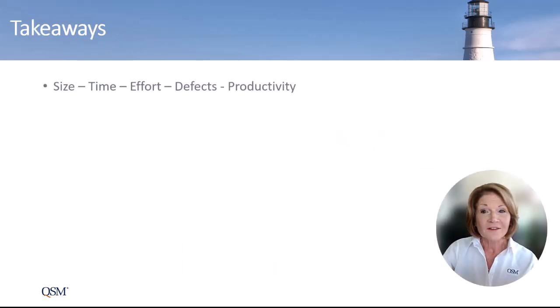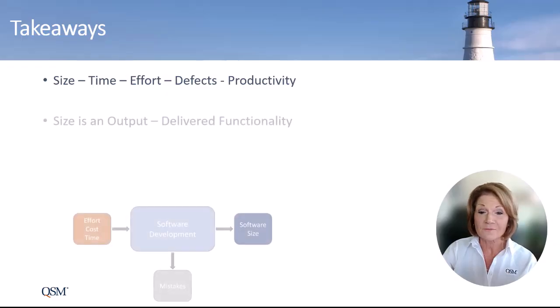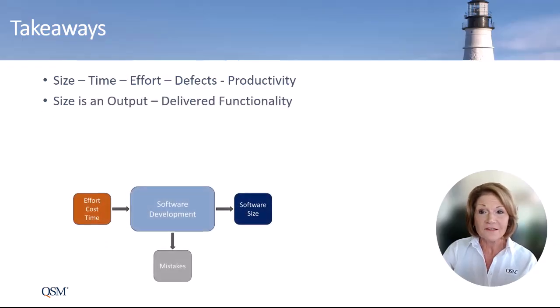To summarize, software size is one of 5 core metrics for understanding and managing software projects. Effort, time, defects, and productivity all increase non-linearly with size. Size matters, so we need to understand what we're measuring. Size is an output. It's the delivered functionality.